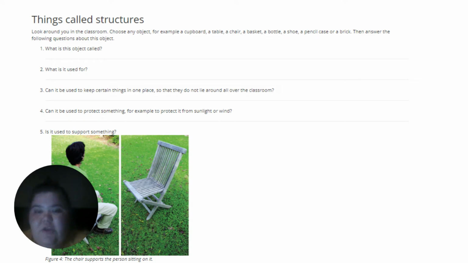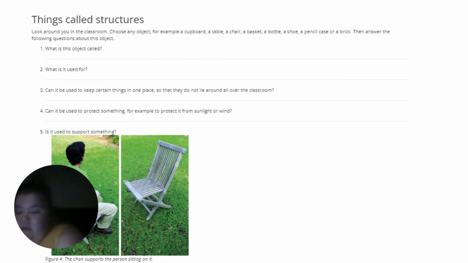They say, look around you in the classroom. Unfortunately, some of us aren't in the classroom right now, but you are at home. So look around in your house for something. Then choose any object, for example, a cupboard, a table, a chair, a basket, a bottle, a shoe, a pencil case, or a brick. You can choose anything in your house.